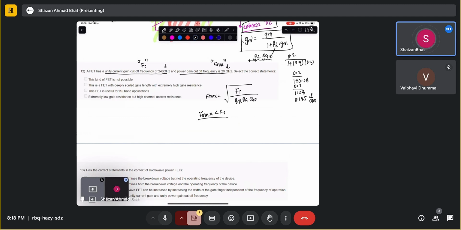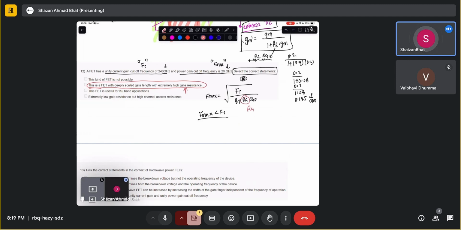So it's asking to select the correct statements. What will the correct statement be? It's a FET with deeply scaled gate length with extremely high gate resistance. One of the things can be that it's a FET with deeply scaled gate length with extremely high gate resistance.